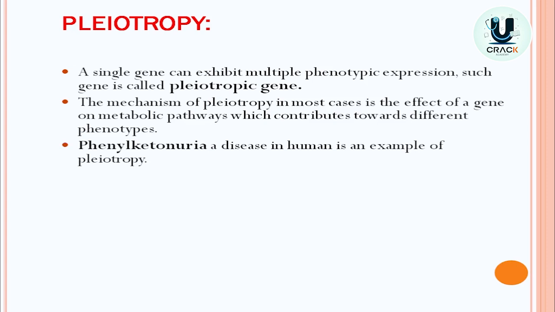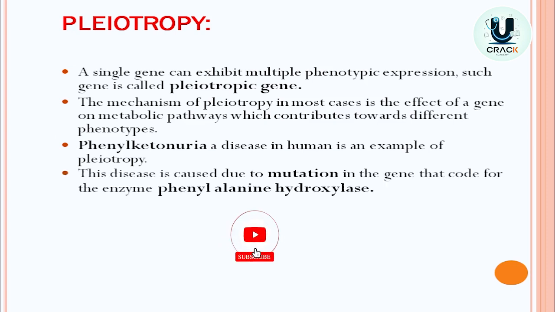So this is a human disease called phenylketonuria. This disease is actually caused by a mutation. If a gene in a continuous chain, like a code, is repeated or different compared with the parent, that is actually a mutation.